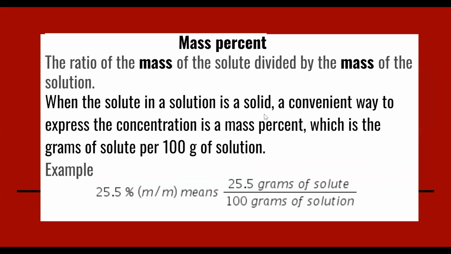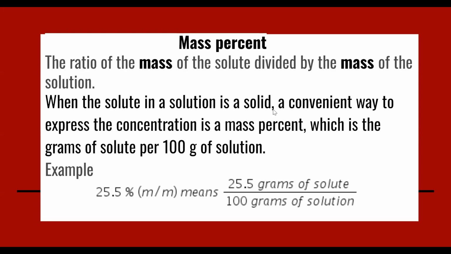Let's start with mass percent, which is the ratio of the mass of the solute divided by the mass of the solution. When the solute in a solution is a solid, a convenient way to express the concentration is a mass percent. Let's look at this example. If you are given the concentration as 25.5%, and it says mass over mass, that's mass percent.